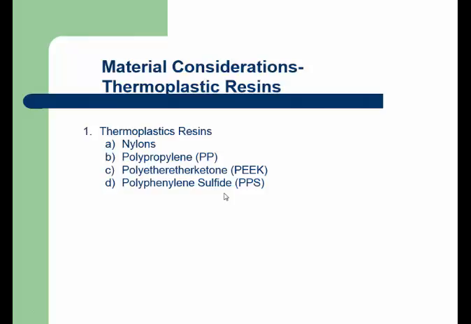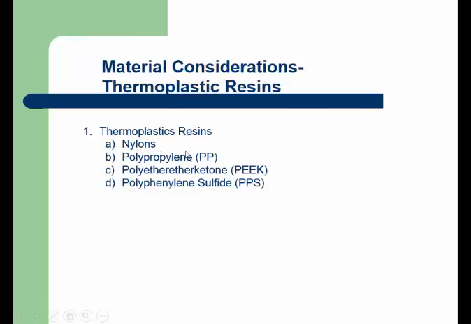Thermoplastic resins are used less often in high performance applications, high performance being things like structural applications in aerospace, but there is an increasing push to try to use thermoplastic resins in composites more because they're much easier to work with than thermosets.